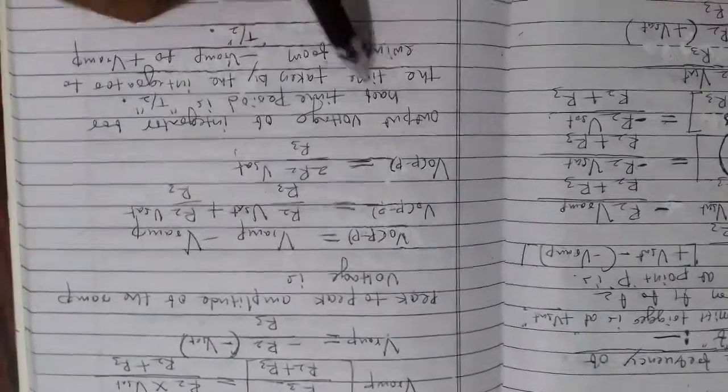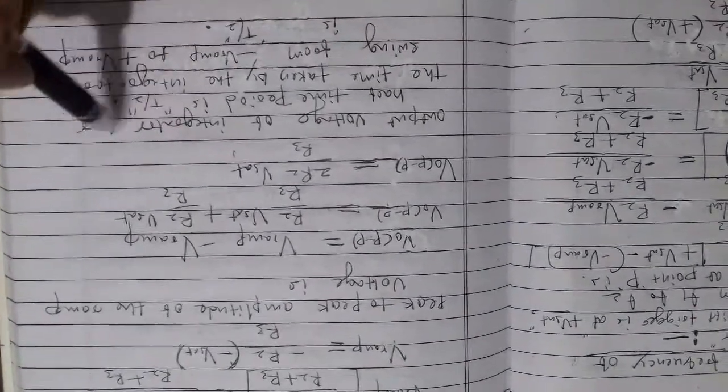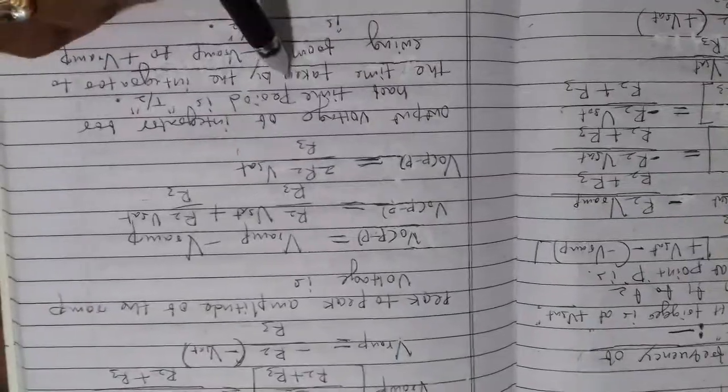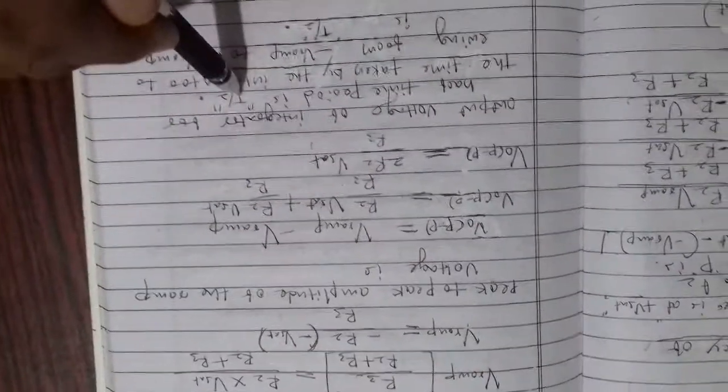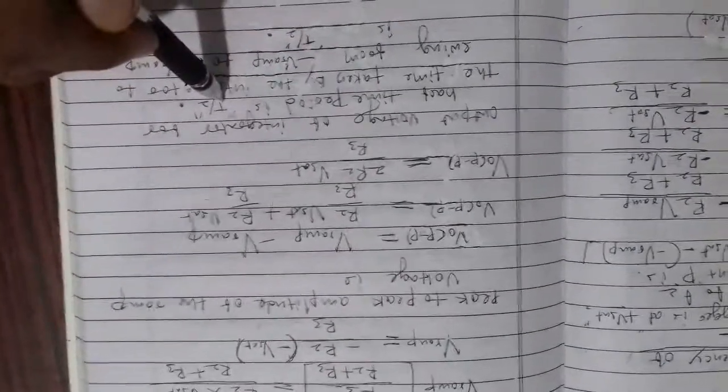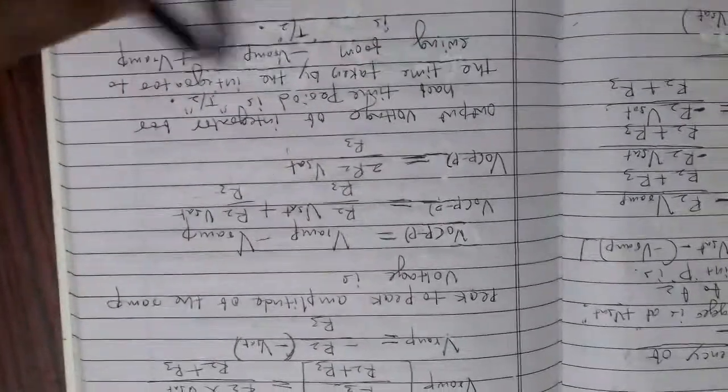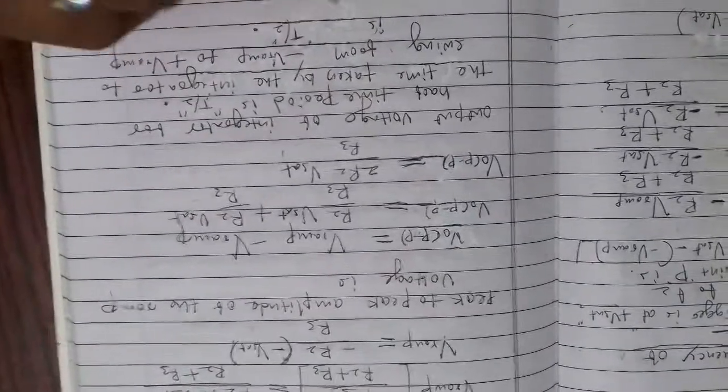The output voltage of integrator for half time period T by 2. The time taken by the integrator to swing from minus V ramp to plus V ramp is T by 2.